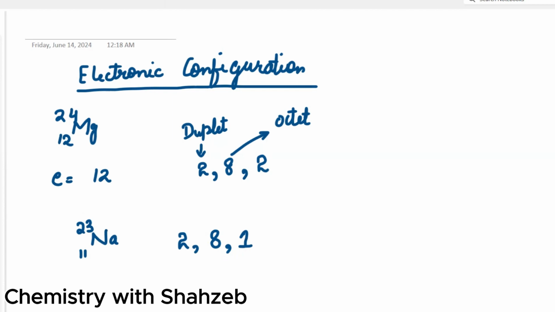So the last topic of this chapter is basically valence electrons. What are valence electrons?